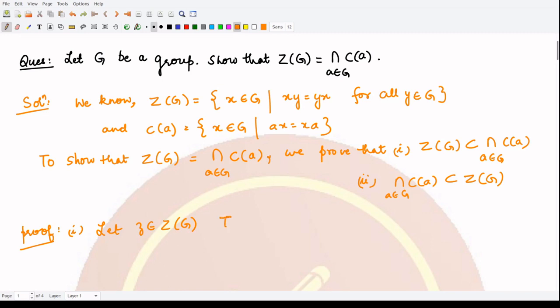We prove that Z also belongs to this intersection of C of A where A belongs to G. According to the definition of the center of G, Z would commute with every element of the group. This would be there for all the elements Y belonging to G.